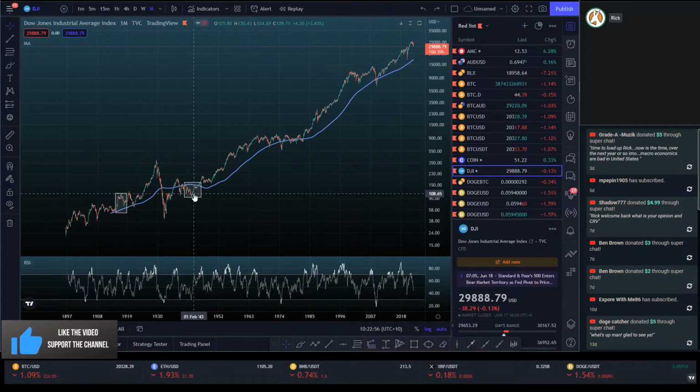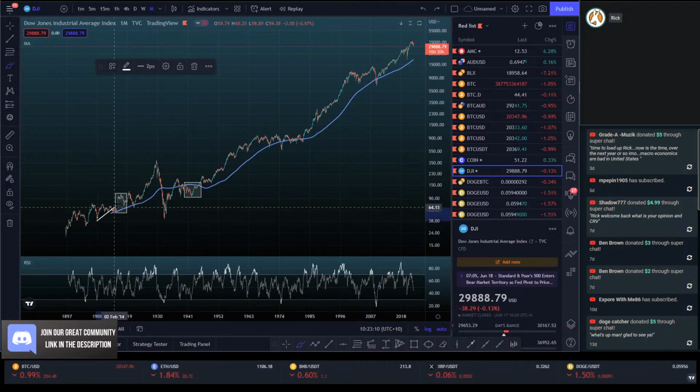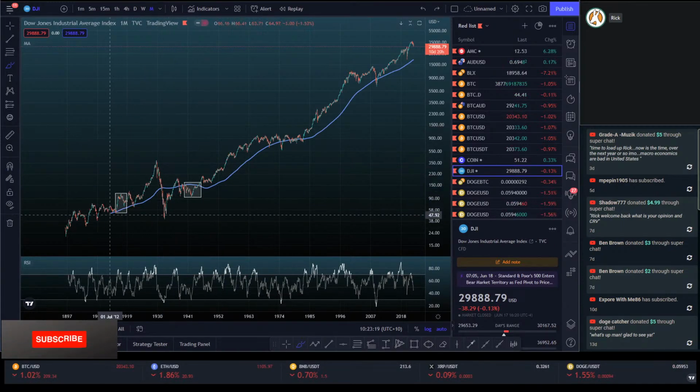Those are the world wars that I had outlined, which, funnily enough, caused volatility in the market, but actually stimulated a lot of economic activity. A lot of industry was born out of the war. There was a lot of production and workforce behind the wars.